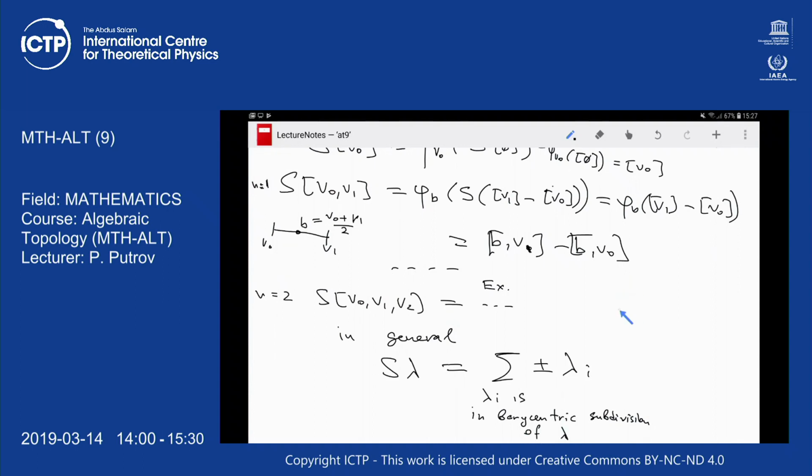In particular, if you repeat this calculation, we start with this big triangle, and the result will be some linear combination of small triangles with plus minus signs.